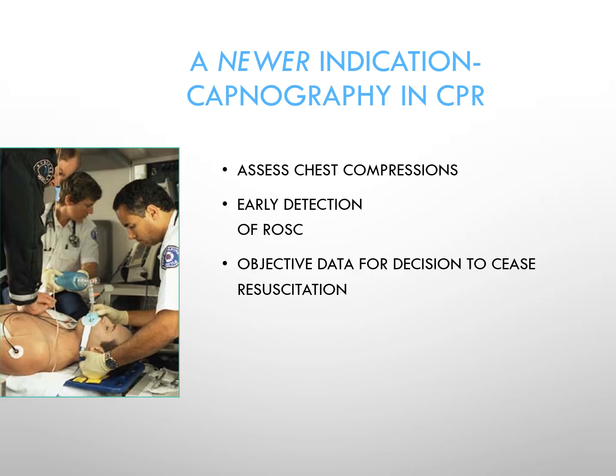The other end of the spectrum is when the end-tidal CO2 is very high for a very long period of time. It may be an indicator, not so much on the circulatory side, but on the ventilatory side, that the patient has not been ventilated well for a long enough period of time that it can cause irreversible damage.